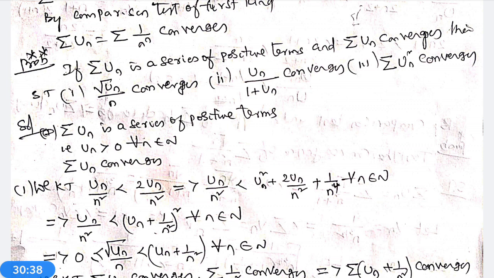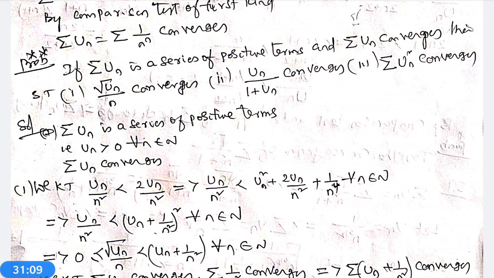This implies 0 less than or equal to square root un by n less than un plus 1 by n square for all small n belongs to capital N. Sigma un converges, sigma 1 by n square converges.